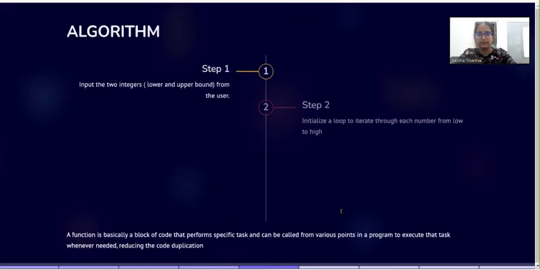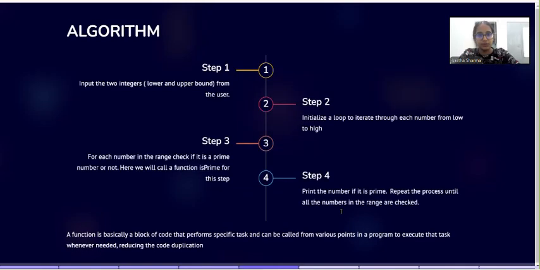Now, let's get to our algorithm for this problem. Step 1 is to input the two integers, that is lower and upper bound, from the user. Step 2 is initializing a loop to iterate through each number from low to high. We will look into the loop in just a few moments in our code. And step 3 is, for each number in the range, check if it is a prime number or not.